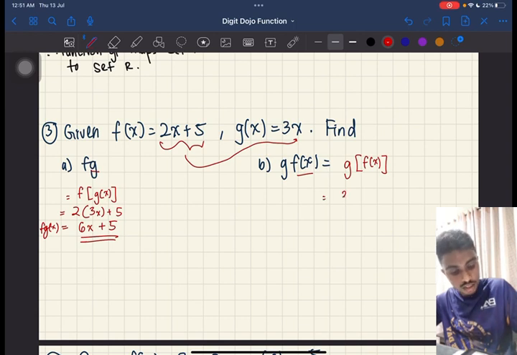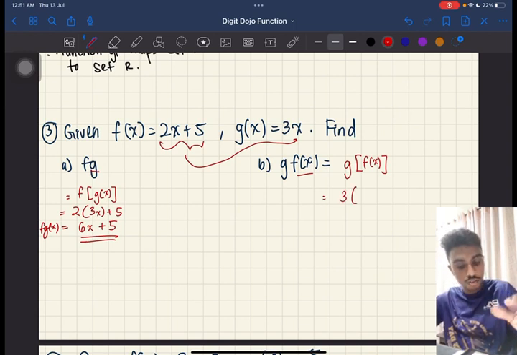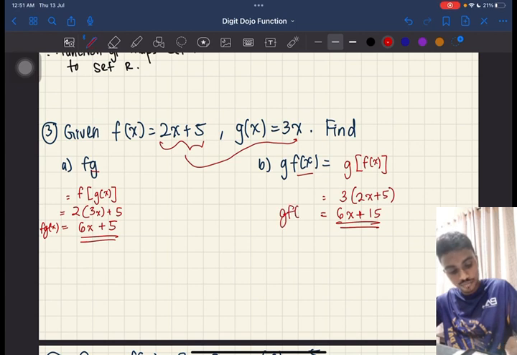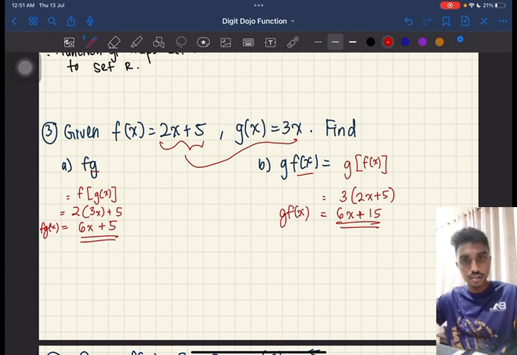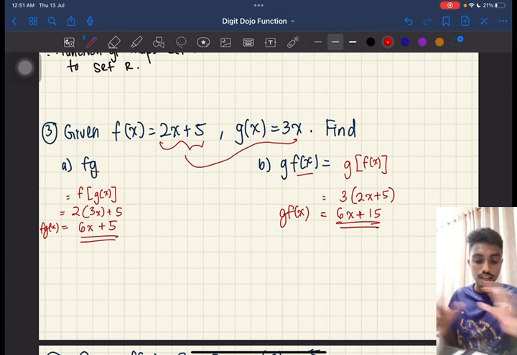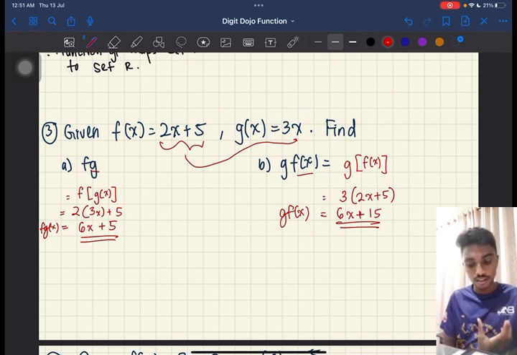So 3, the place you got x, you put 2x plus 5. It will be 6x plus 15. So your gfx is 6x plus 15. It differs. fgx and gfx are different.